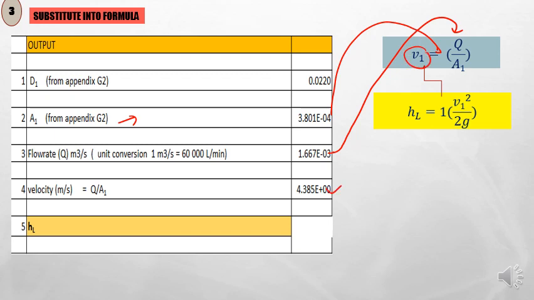Once you get the V1, you can substitute directly into this HL equation here, and lastly you will get your HL equals 0.98 meter. That's it, very simple.